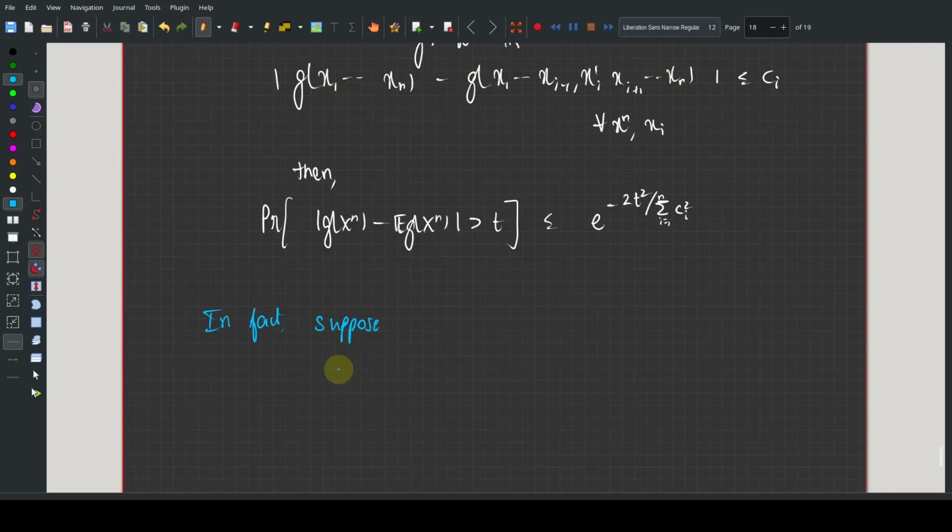But if instead I have z minus zi prime the whole square, summed over i equal to 1 to n, less than or equal to some v squared, with probability 1.